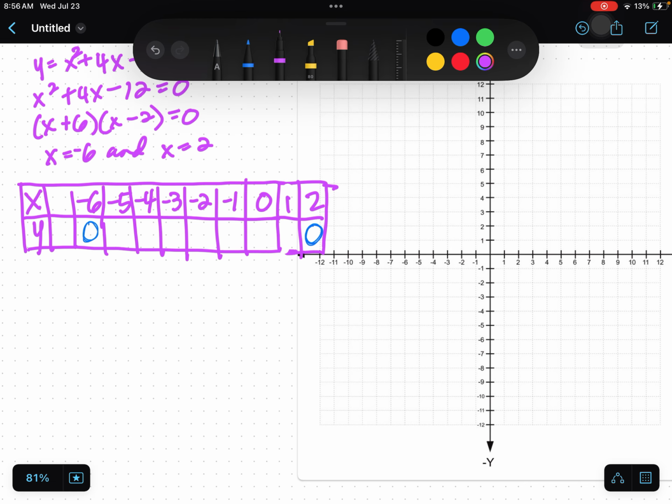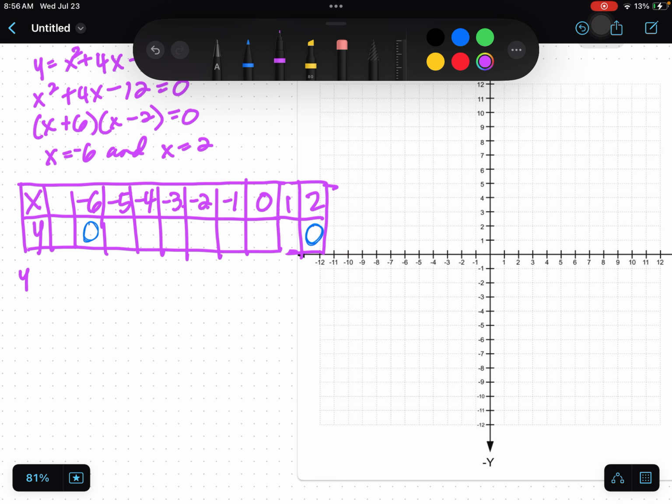So, mangyayari dyan, magsasubstitute lang tayo. I'm gonna start with 1, 2, 3, 4, 5, 6, 7. Ayan, 7. So, tingnan nyo yung mangyayari dito sa negative 2.